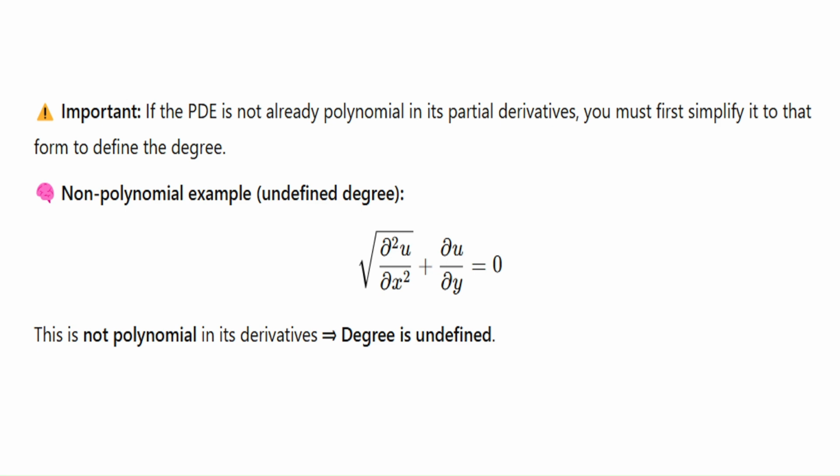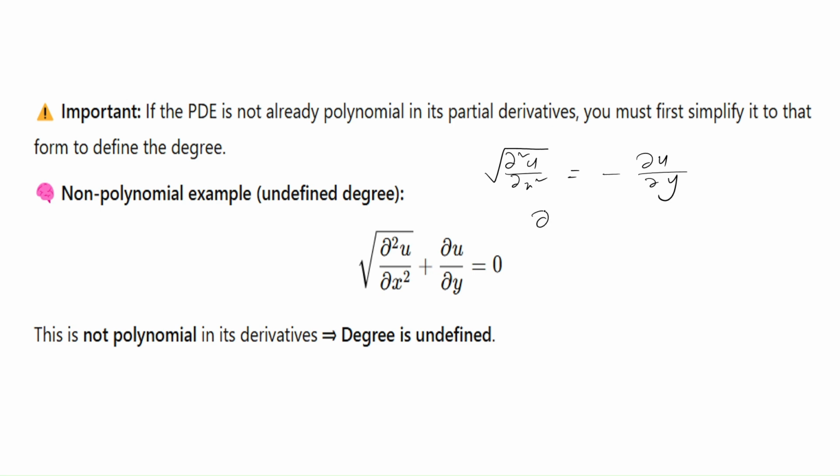Let us make this PDE in polynomial form. Square root of ∂²u/∂x² equal minus ∂u/∂y. Let us square both sides.